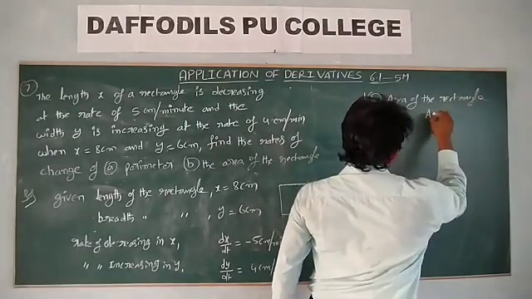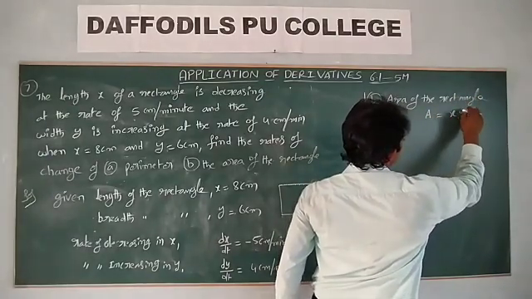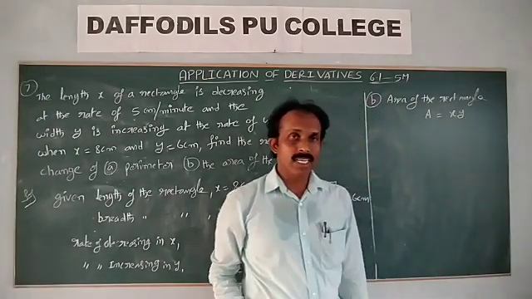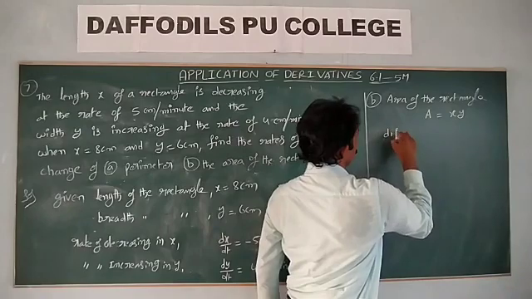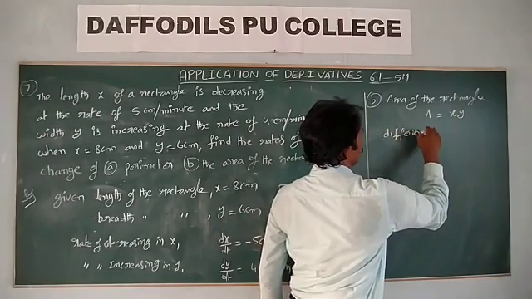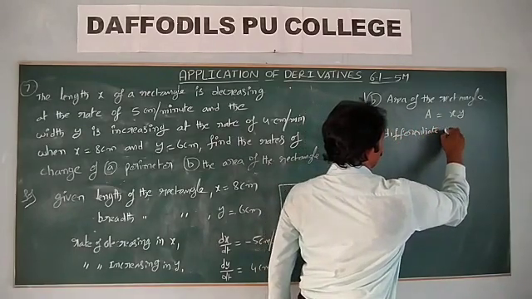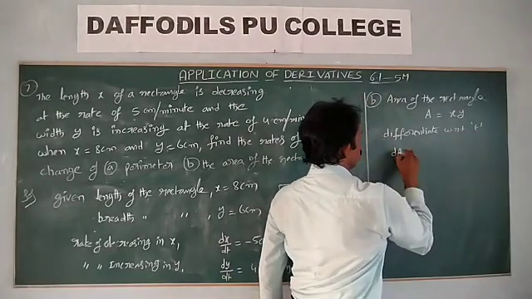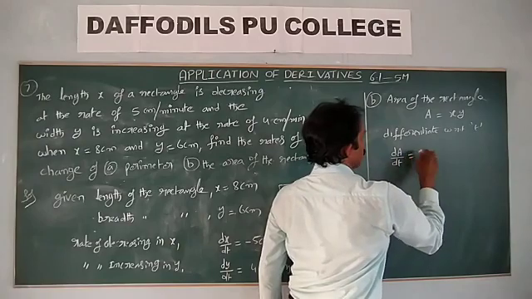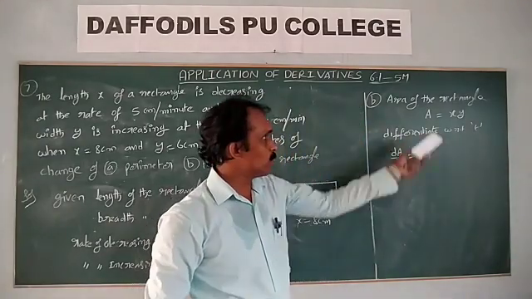Area of the rectangle A is equal to x into y. Here also we will find the rate of change. Differentiate with respect to t. Therefore dA by dt. Here apply the product rule.